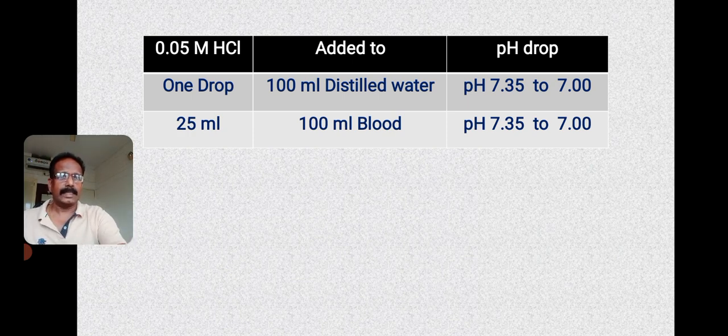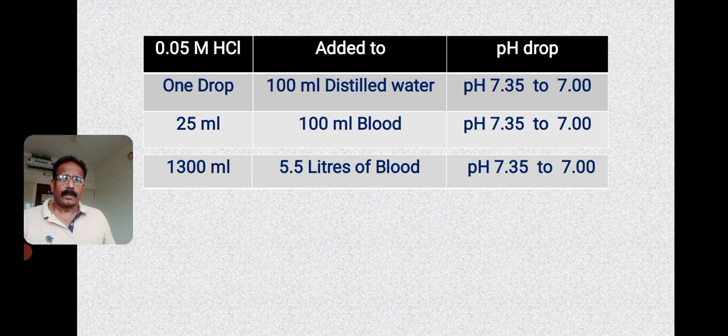But in the case of blood, to drop the pH from 7.35 to 7.0, we would have to add 25 ml of the same 0.05 molar HCl to 100 ml of blood. That is the difference. That is how buffers combat hydrogen ions, or acids or bases, to maintain the constancy of pH in our body fluids, including blood.